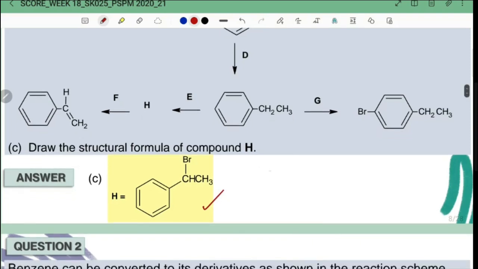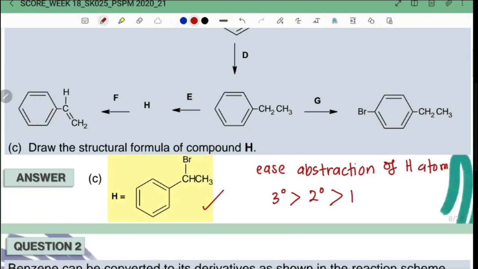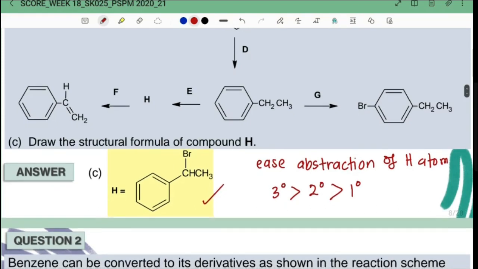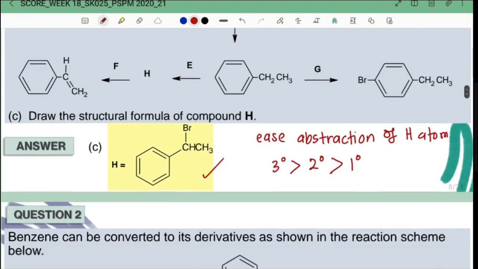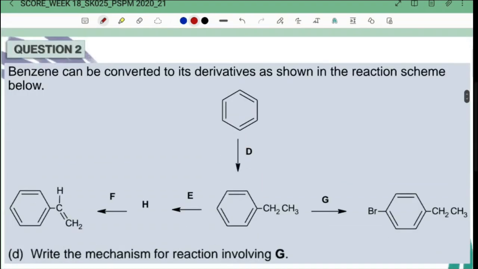So remember, in abstraction of a hydrogen atom, the higher the class, the easier it is substituted and the faster the reaction happens. The faster the reaction, the more is produced, so it is the major product. Okay, and then look at D.